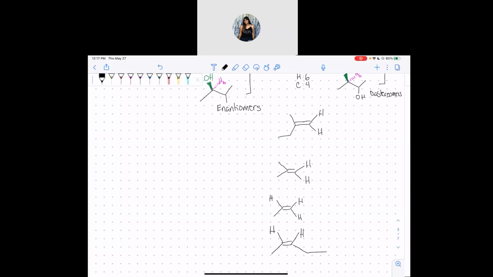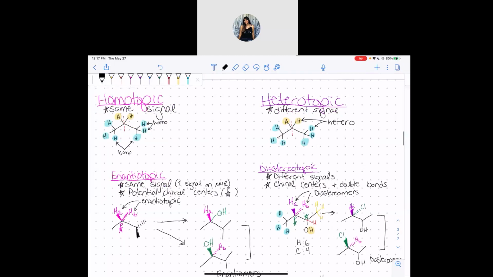So someone says, heterotopic is coming off of different carbons, but diastereotopic is coming off the same carbon. Really quick, I want to mention anything that's diastereotopic is also heterotopic, because this is a subcategory of this. But diastereotopic is super specific. If two hydrogens are on the same carbon and they're different, they're diastereotopic.